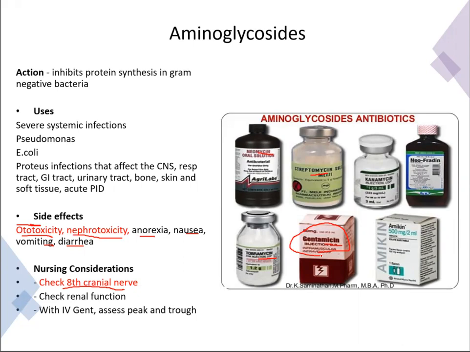So you're able to monitor the therapeutic level and know if the drug in your client is too high and could be causing oto- or nephrotoxicity. Again, peak is drawn 45 to 60 minutes after administration, while trough is drawn immediately prior to the next dose, because you want to monitor therapeutic levels.